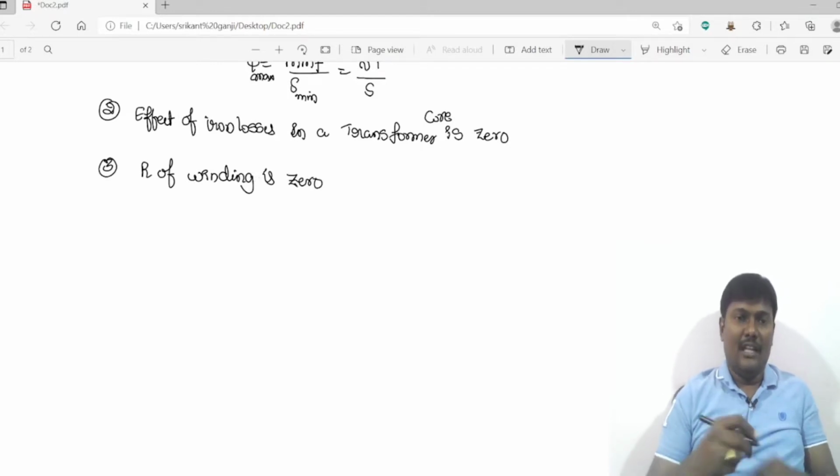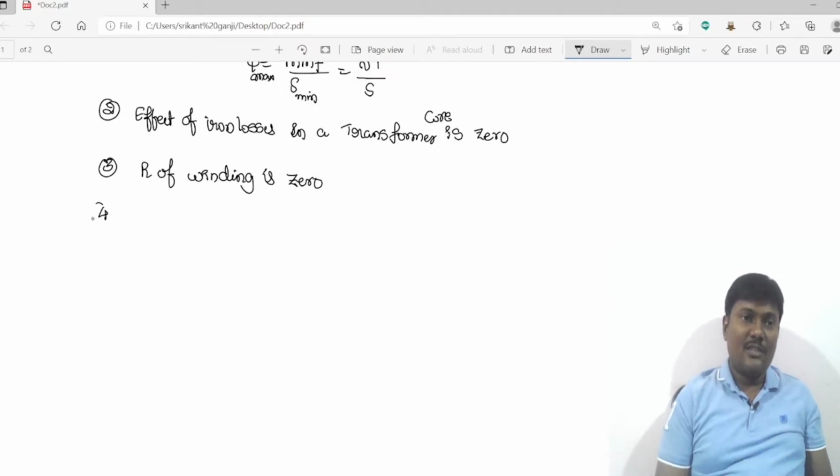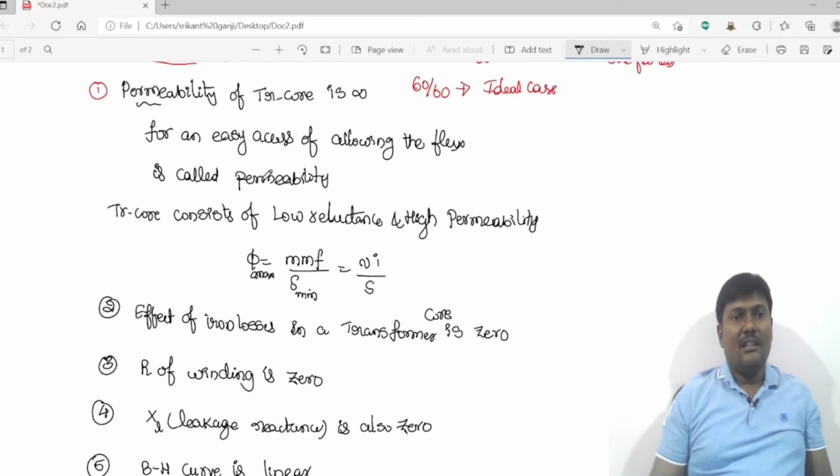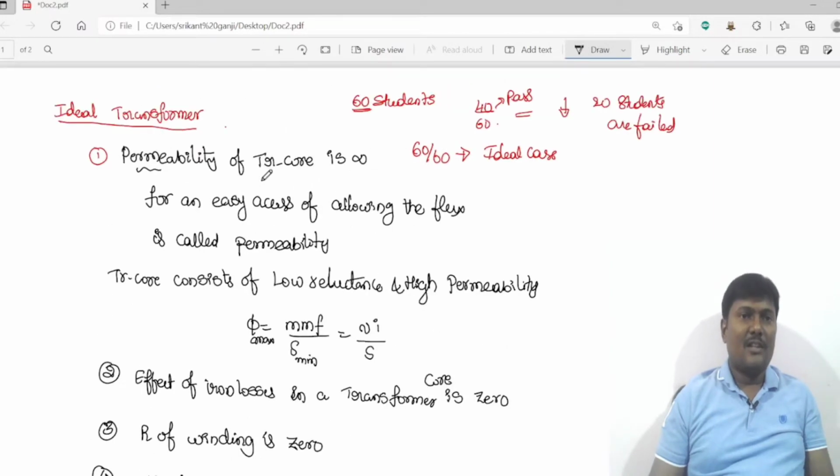If you take a winding, it is generally made up of copper, and copper has a resistance, but we can assume that the resistance of the winding is 0. The fourth is that the leakage reactance, XL, is also 0. And the fifth point is that the BH curve is linear. We are considering the 5 major features of a transformer. Many features are there, but these 5 are very important.